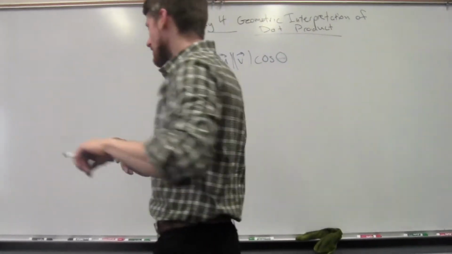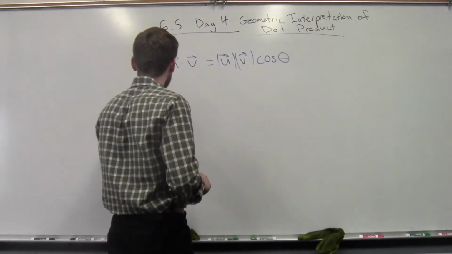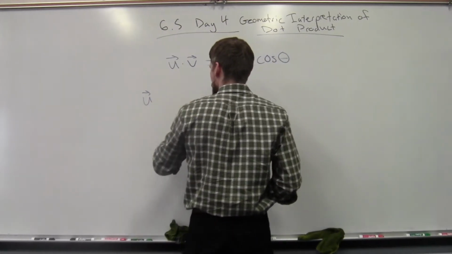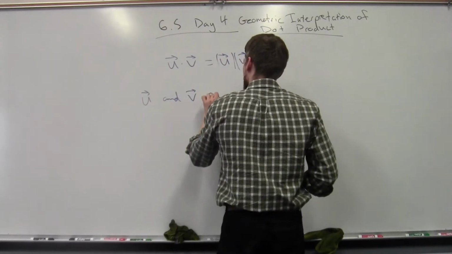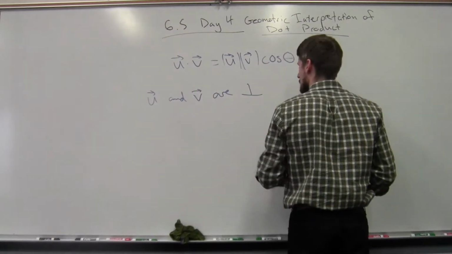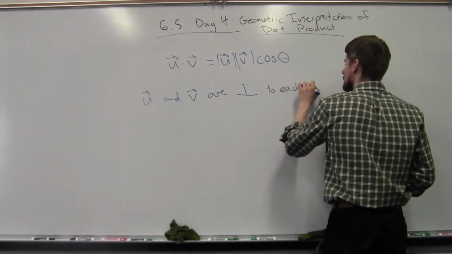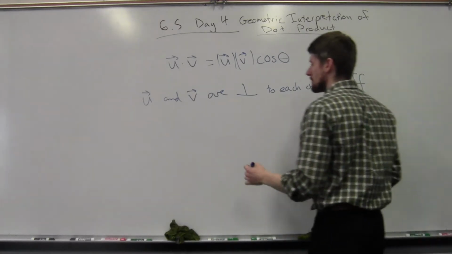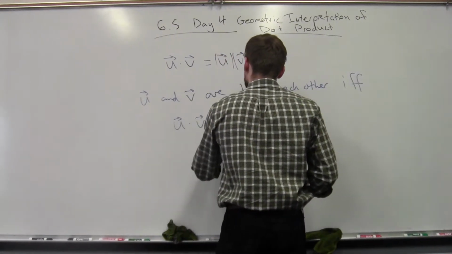And the corollary is this statement: the vectors u and v are perpendicular to each other if and only if u dot v equals 0.